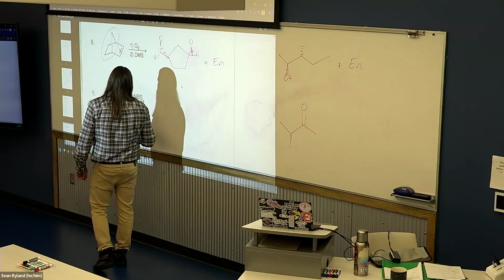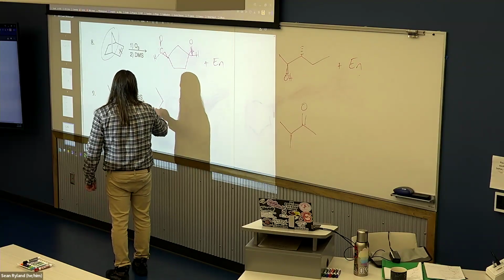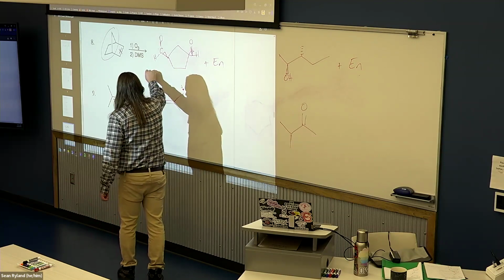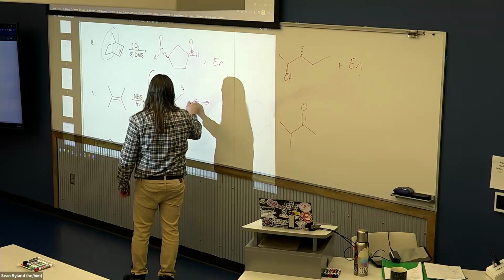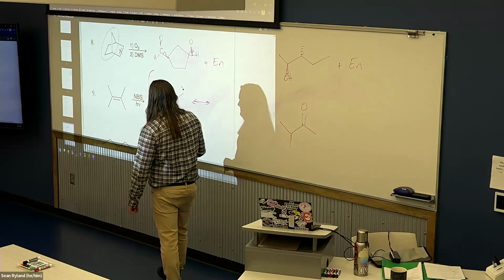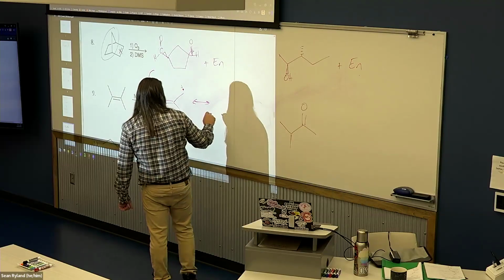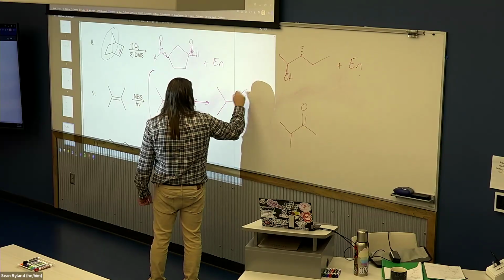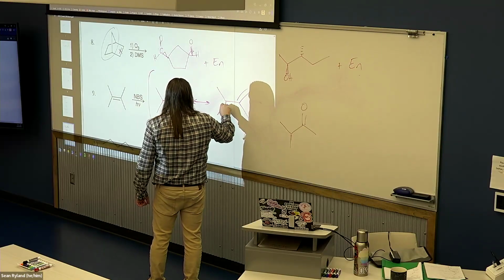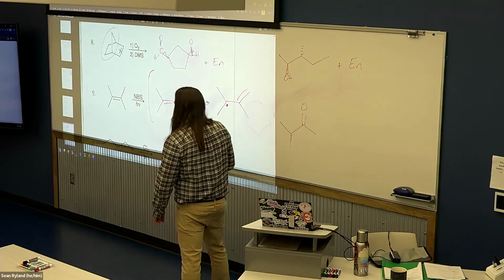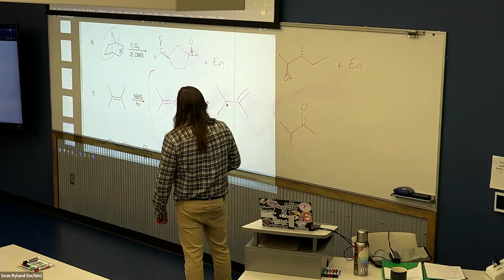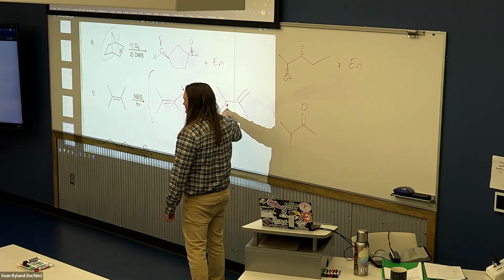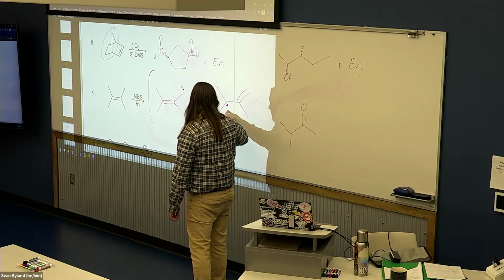However, we're going to have a resonance structure that looks like this, which has a resonance structure that looks like that. That one's more stable. So we're actually going to put the bromine.